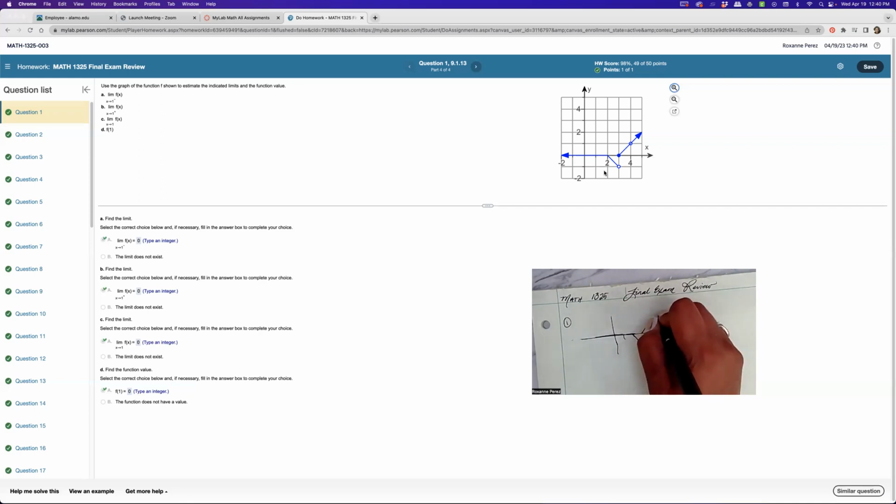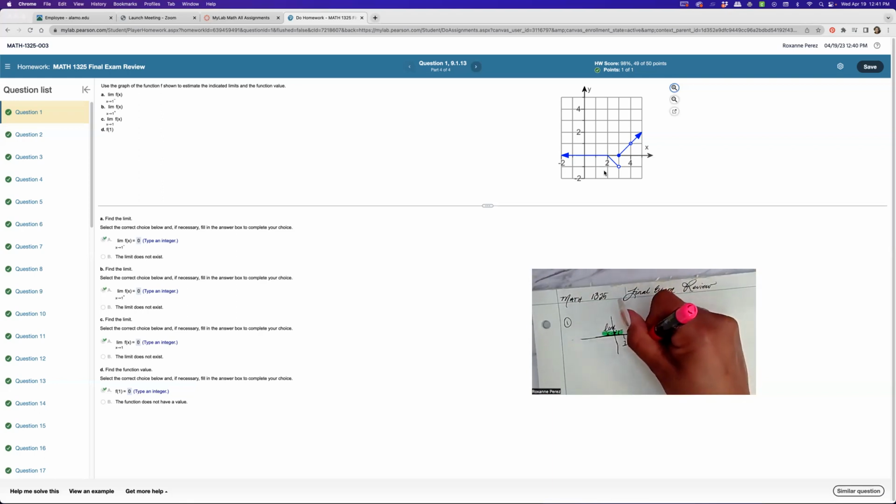We have this portion. So you can show, let's see, this is 1. So it approaches from this direction. The limit as x approaches 1 from the negative side. And then you can do something like this.